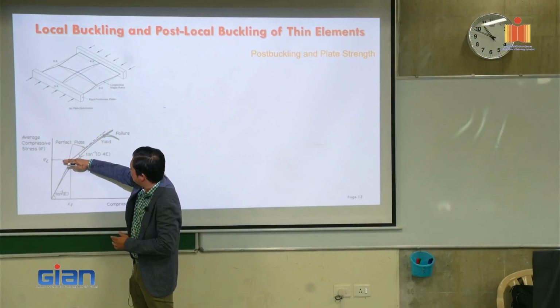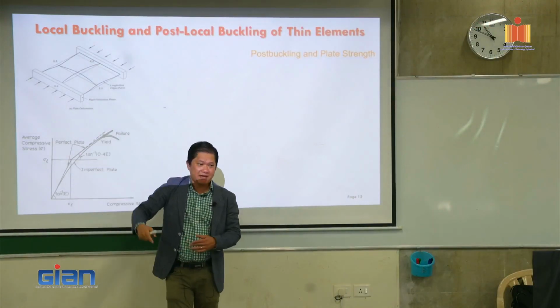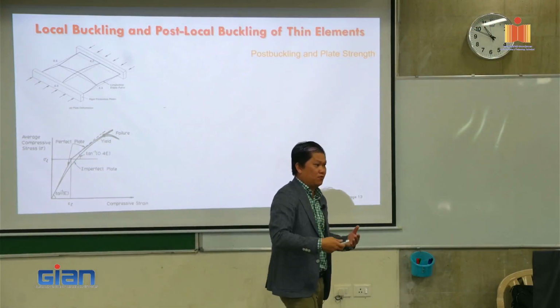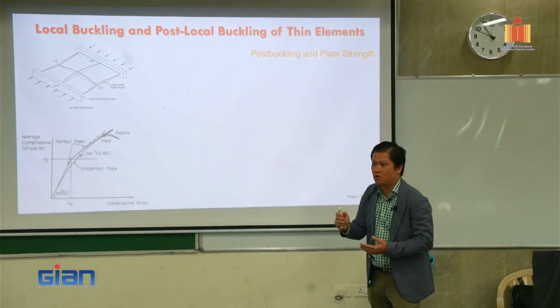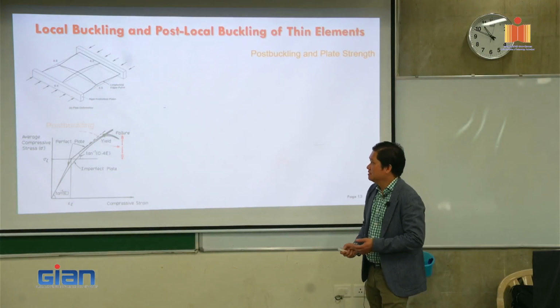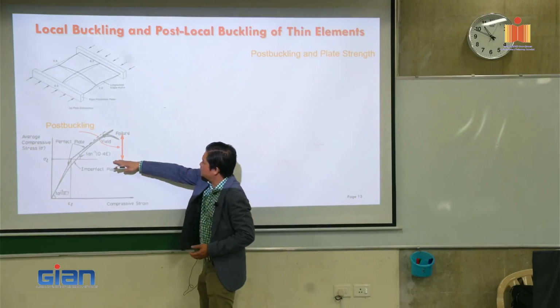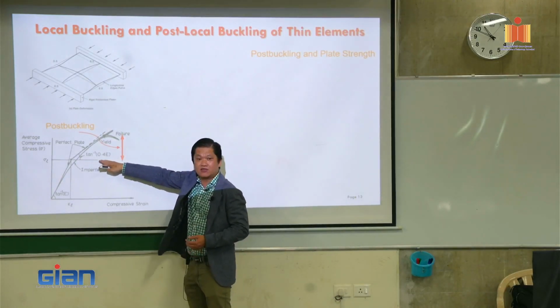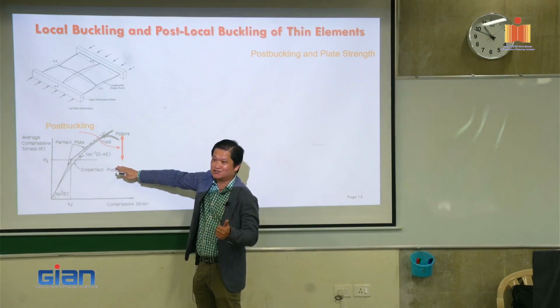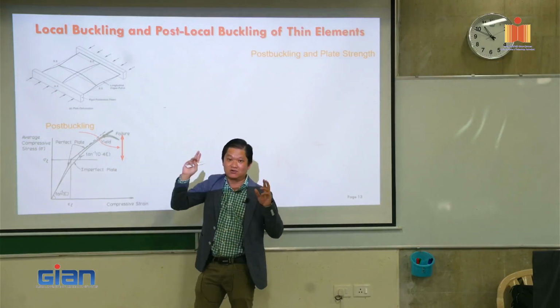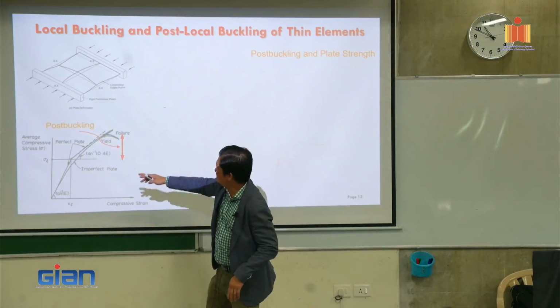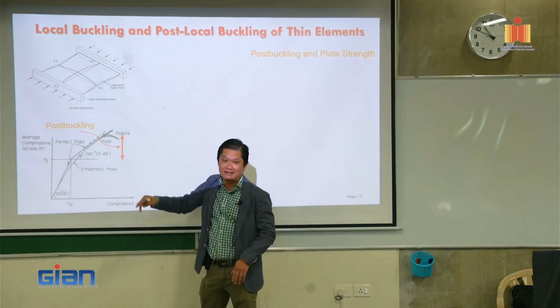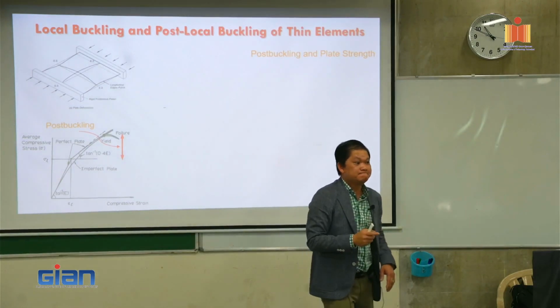So the stress from here to here is quite a big improvement in strength. That's what we call post-buckling. The amount of stress increased from the theoretical buckling stress to the actual buckling stress is about that much. So that is post-buckling.